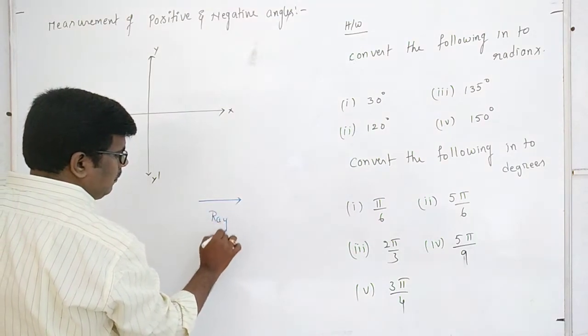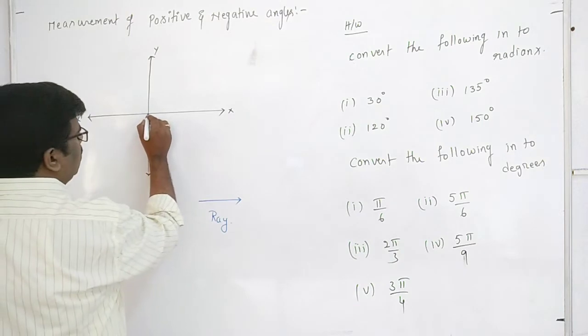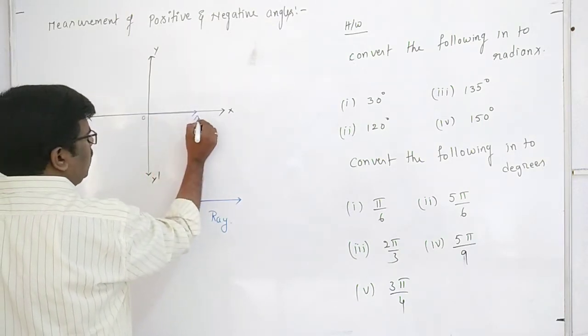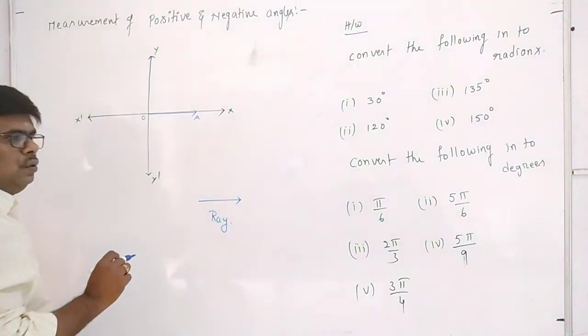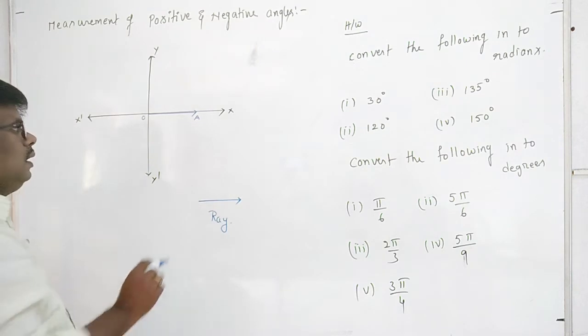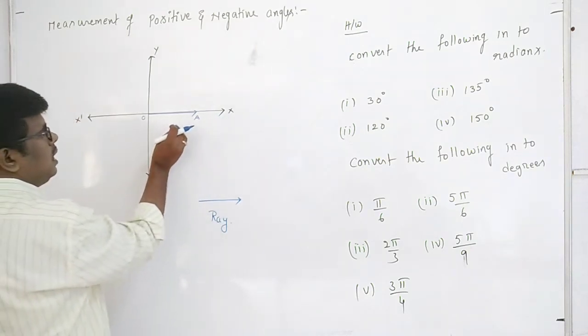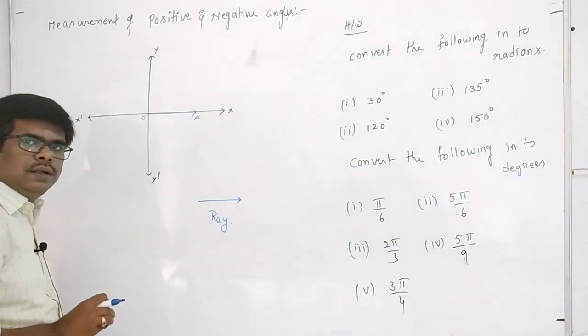Now, here, if a ray OA lies along the positive x-axis, then it is not making any angle with the positive x-axis.